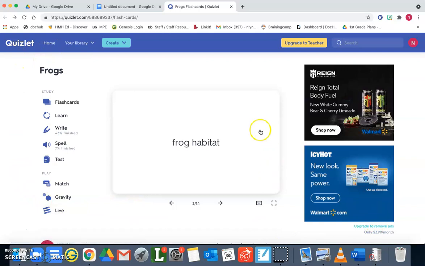This way they can also send out their Quizlets and share with friends, and maybe take each other's quizzes and make it a little more interactive and fun. So try it out.